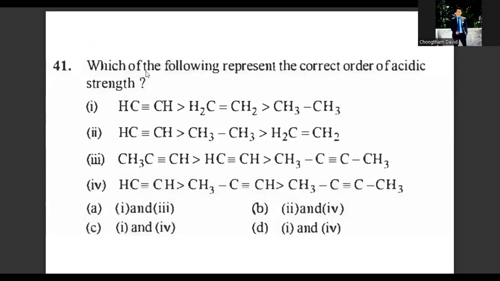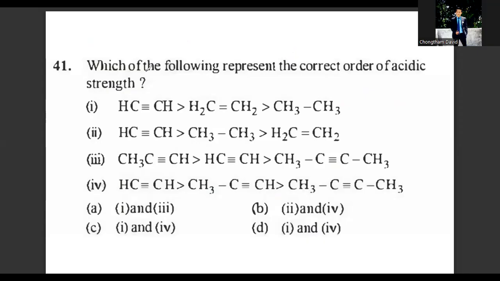Which of the following represents the correct order of acidic strength? See, the following represent the correct order of acidic strength, right? You're given alkyne, alkenes, and alkanes: ethyne, ethene, and ethane. The correct order of acidic strength.